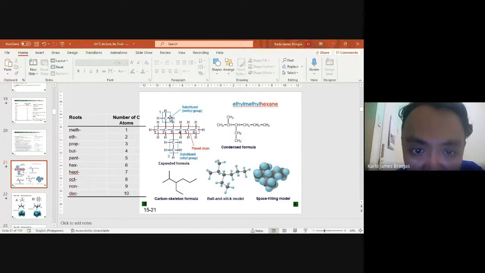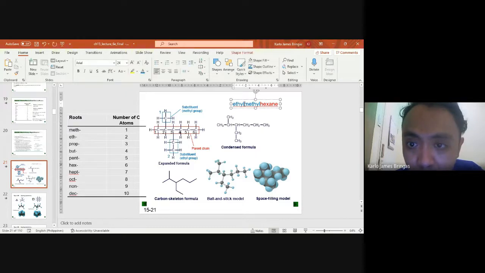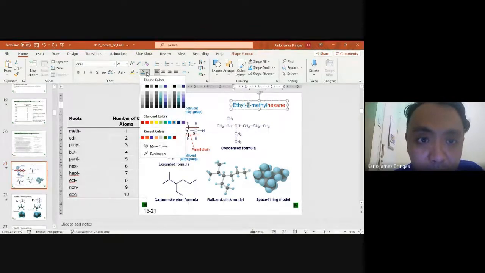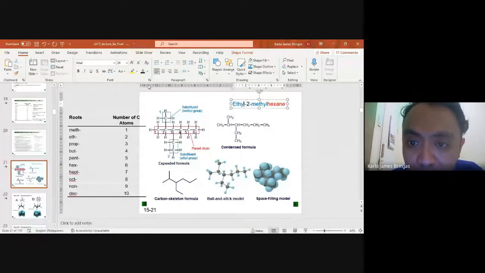So si methyl, as you can see, nakakabit siya kay carbon number 2. So sa ating pangalan, we have to put a dash in here. So dash 2. And this 2 na number indicates to us to which carbon the methyl is connected to.